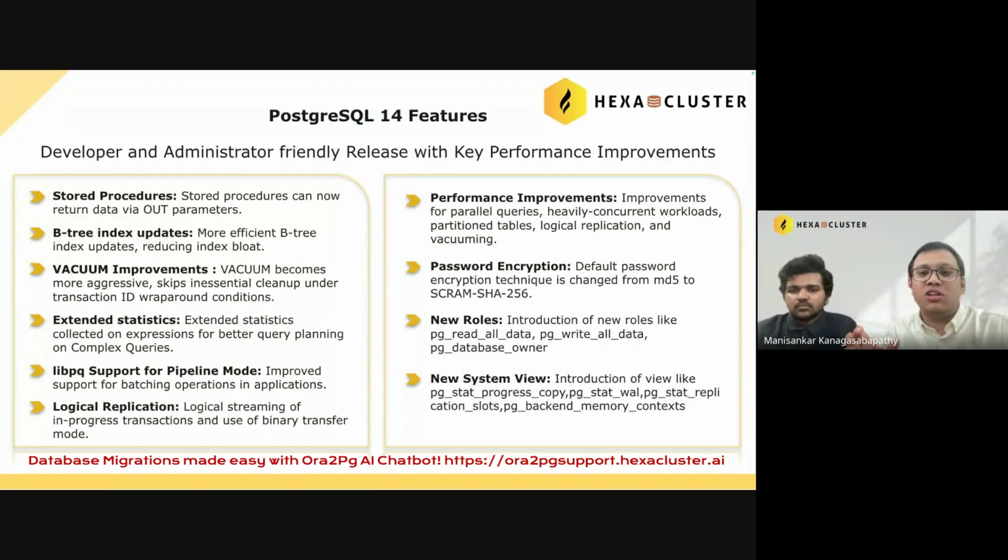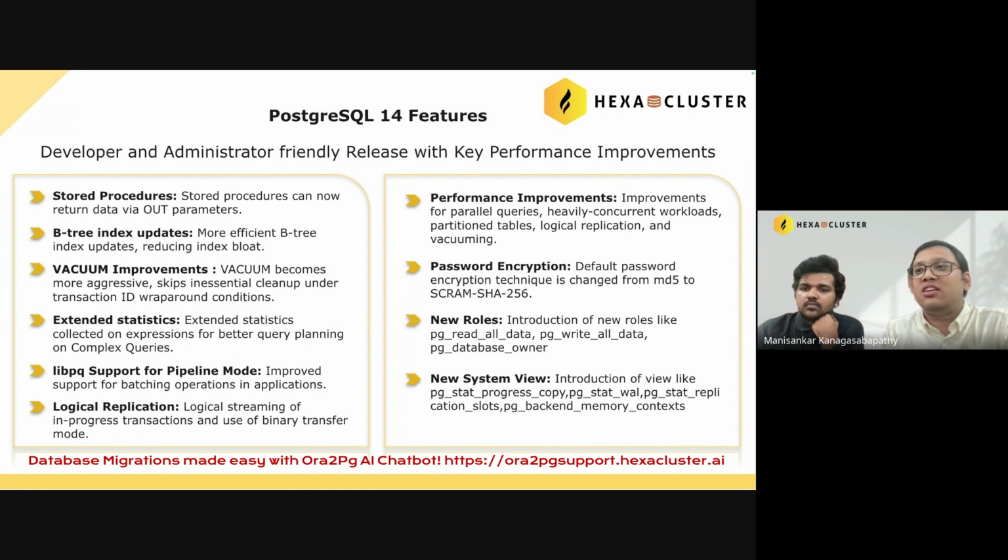So there is a setting called vacuum_freeze_max_age, right? Now, regarding the vacuum improvement, what Postgres 14 gives us is, whenever there are such tables with age going more than the default 200 million or whatever age we set, right?